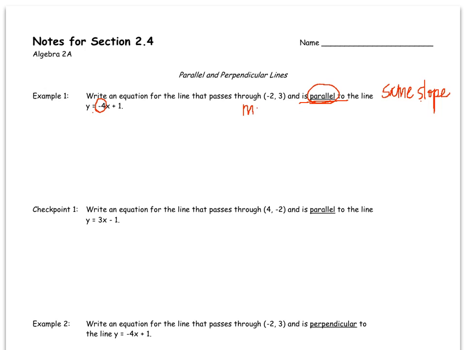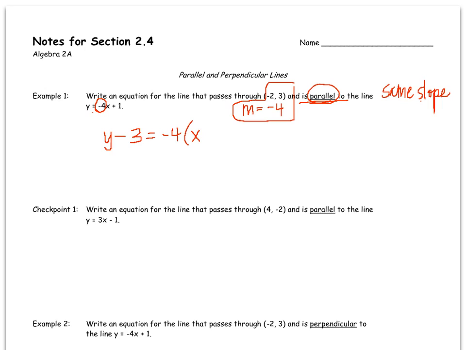So I know that my slope is -4, and I have this point, -2,3. Given what we did before, all I'm going to do is plug it in, and I'm going to use point-slope again. So I take y minus the y value that they give you, 3, equals my slope of -4 times x minus -2.